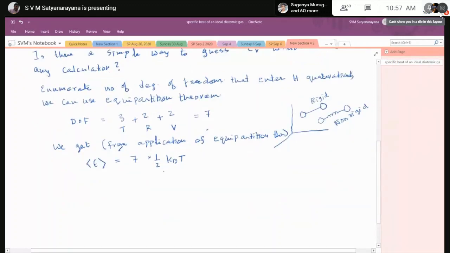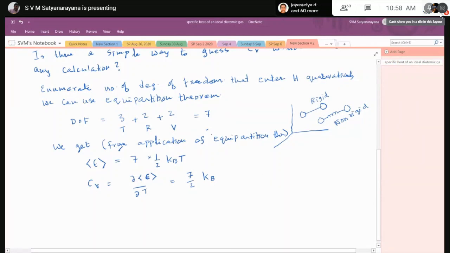So then your CV will be equal to the average energy divided by T, that is equal to 7 by 2 k. So this is basically the specific heat per particle.